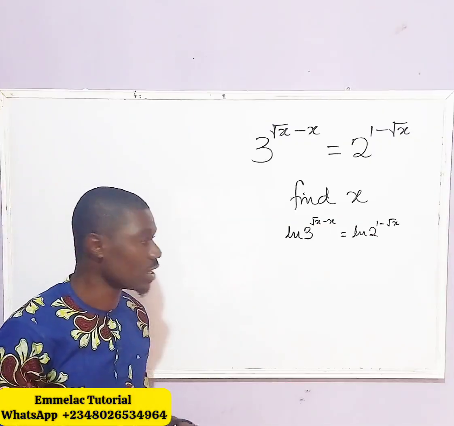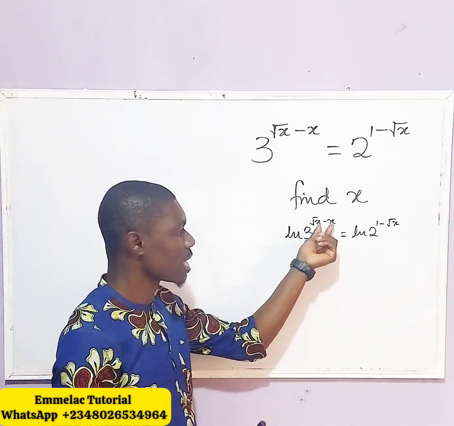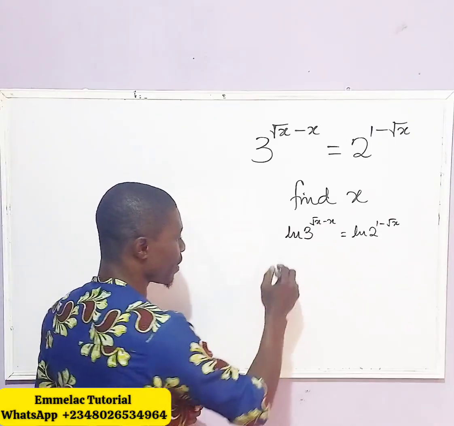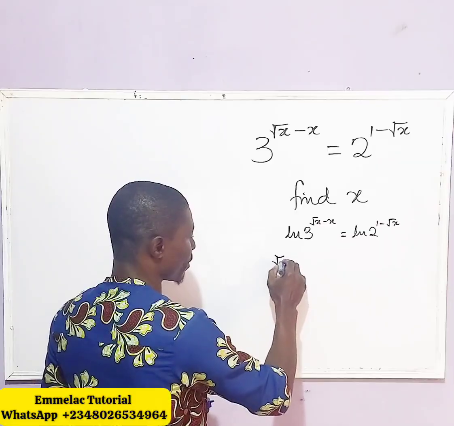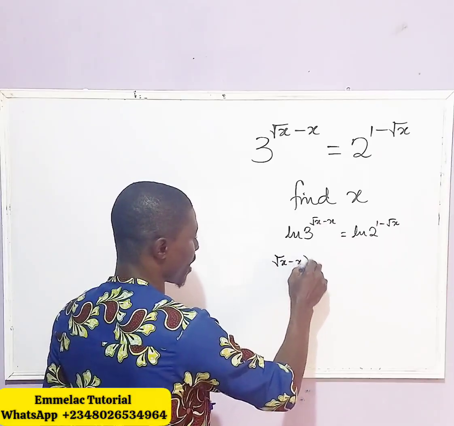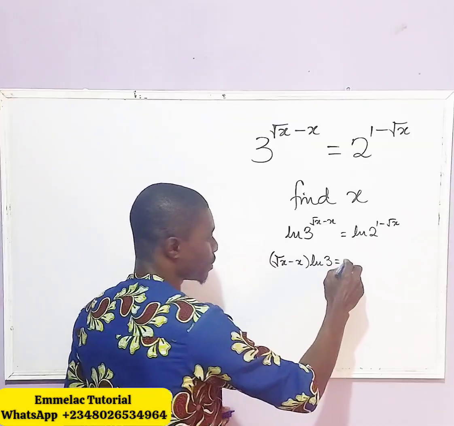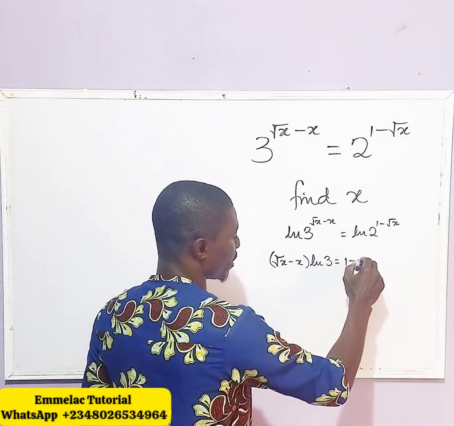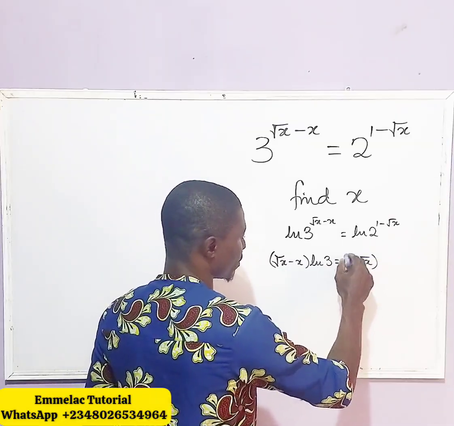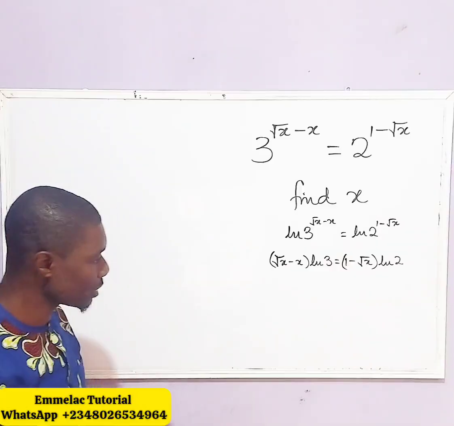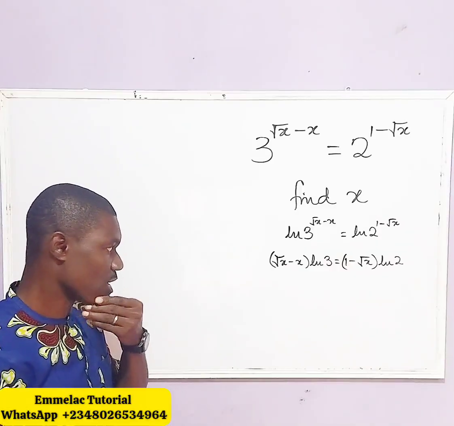According to the law of logarithms, this exponent moves down. So here we have the square root of x minus x times ln 3 equals 1 minus the square root of x times ln 2.